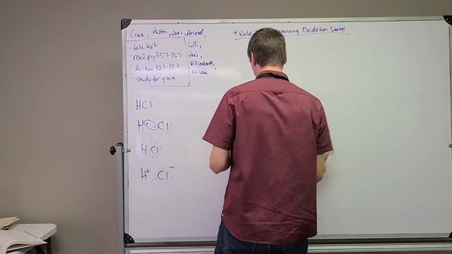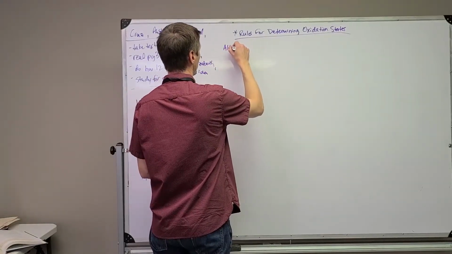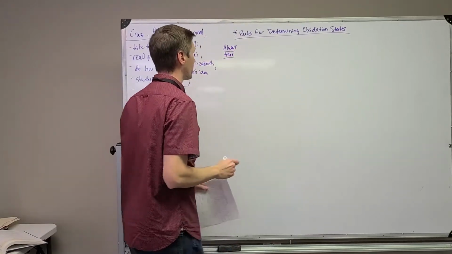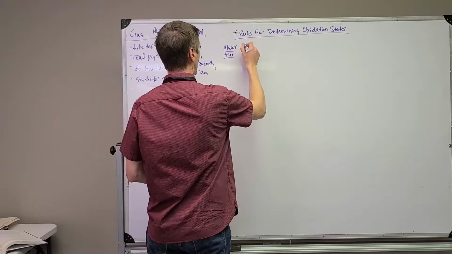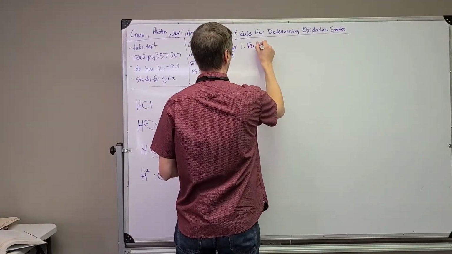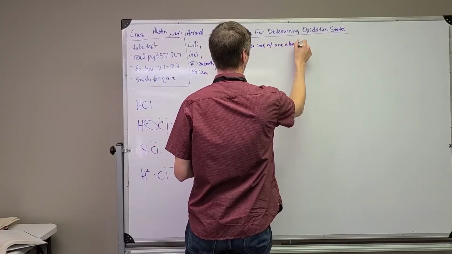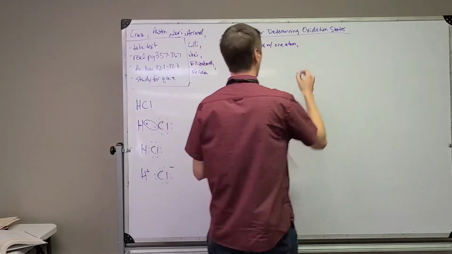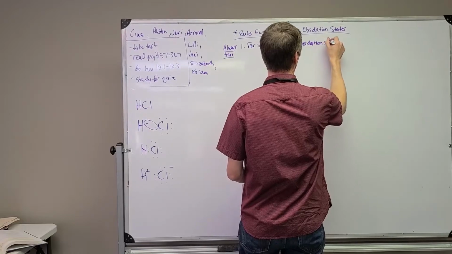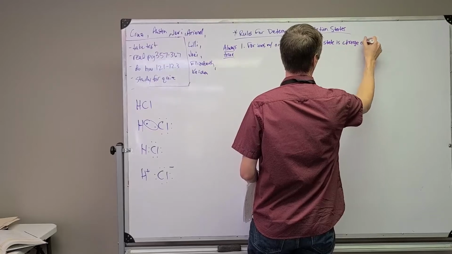All right. The first 5 rules you can think of as always true. Rule 1: for ions with 1 atom, the oxidation state is the charge of the ion.